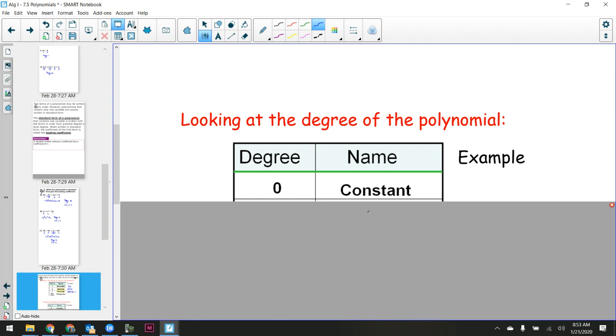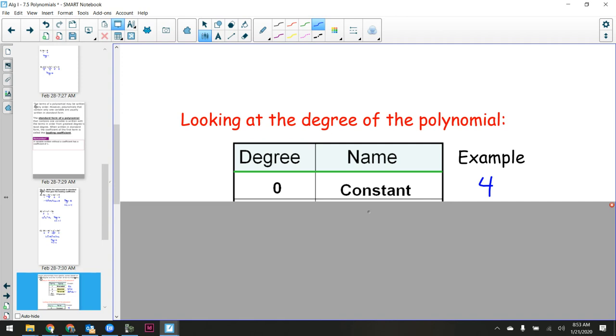Guys, what kind of polynomials have degree of 0? Thinking back to our first couple examples, what kind of polynomials had a degree of 0? They were just numbers, weren't they? Like 4. Any x associated with it? No. Right? If there's no variable associated with it, the degree was 0.